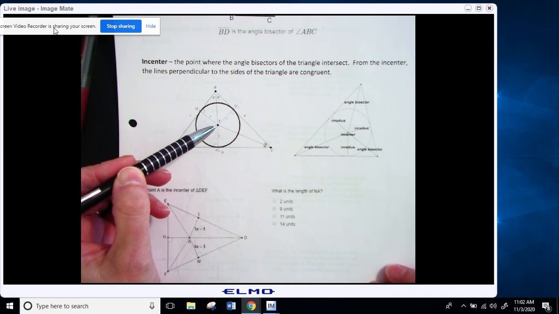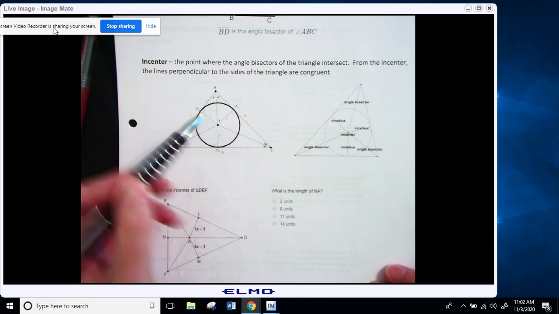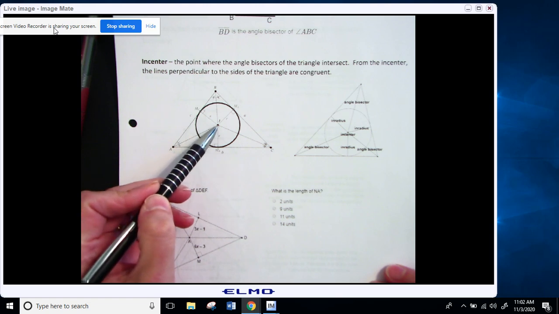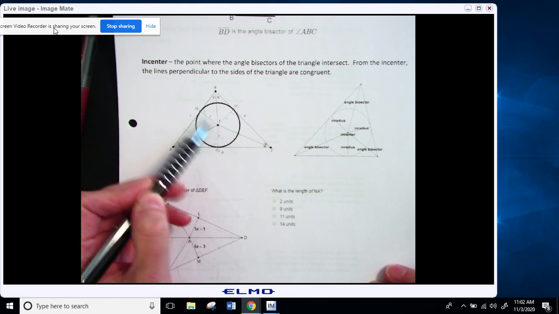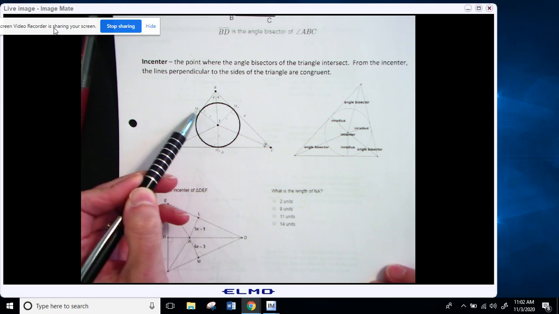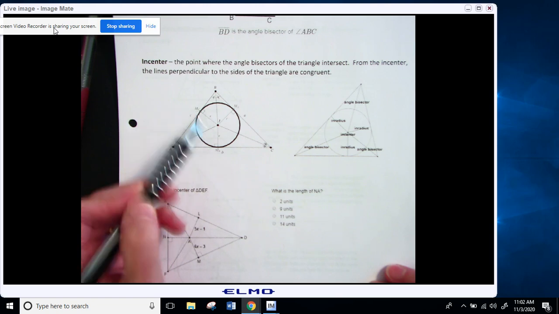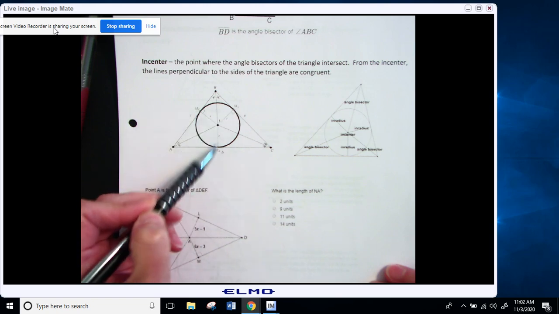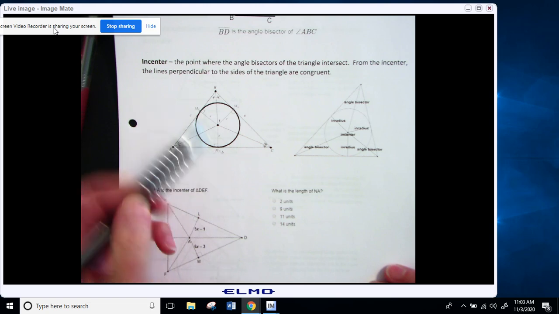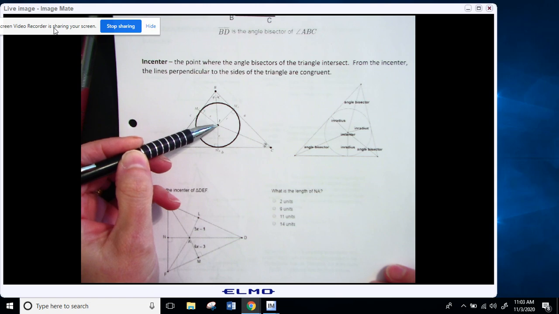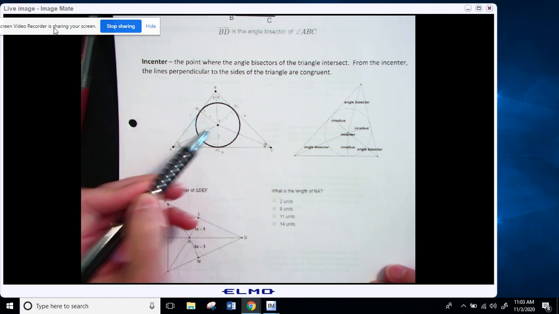Now you're going to take that incenter and make a perpendicular line from the incenter back to each side of the triangle. And it's got to be a perpendicular, right? We got to come back perpendicular to the side.